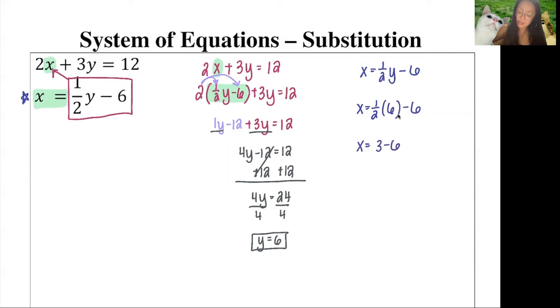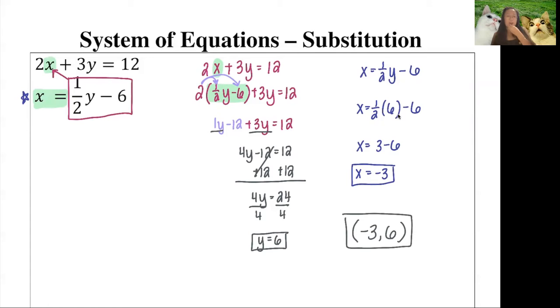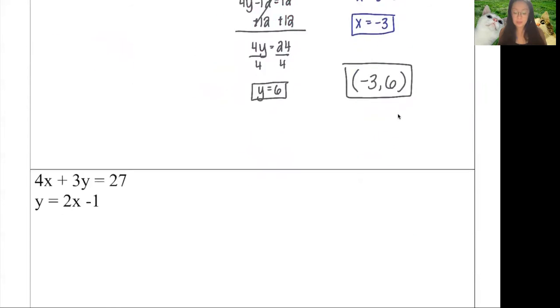So that's 3 minus 6. 3 minus 6 is negative 3. Remember, our final answer we should write as a coordinate pair. The x value comes first, so that's negative 3, and our y value is 6. That was one example of a system of equations by substitution.